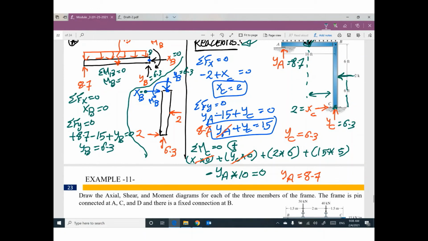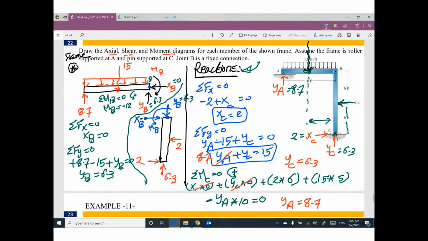Just a second. I will assume this direction is positive. So this one is negative. Yeah, it will be negative 12. So this one is negative 12.